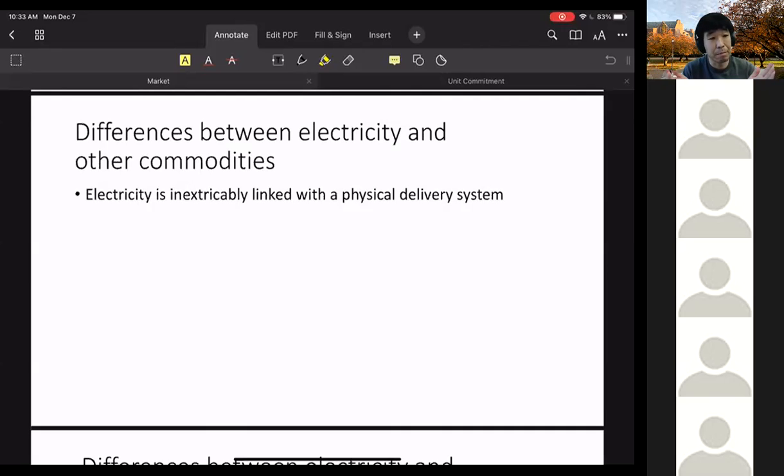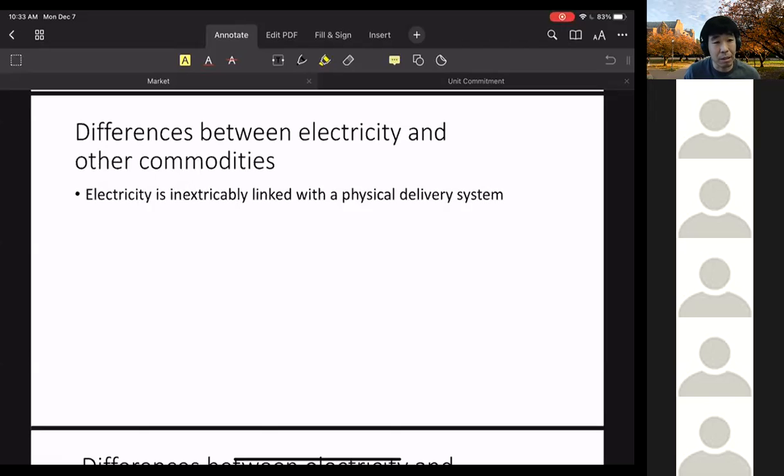For example, you can buy a computer, you pay money now, and the computer gets shipped to you, maybe gets to you in a week. So the money exchanging hands and the actual getting of the commodity to the consumers are very different. The shipping of the commodity and the money have almost nothing to do with each other. However, that's not true for electricity.